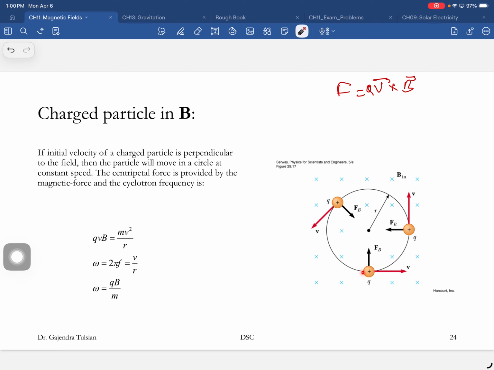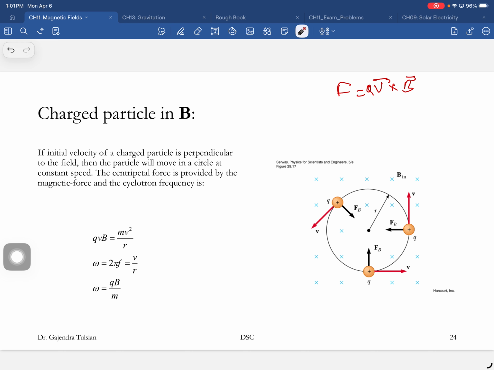So you see, if you throw a positive charged particle like that, it feels a force perpendicular to its motion, and what it'll do is it'll go in a circular orbit. So this force, the magnetic force, is really a centripetal force, and so that's equal to mv squared by r.